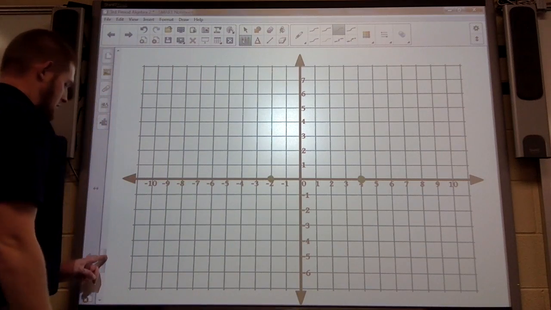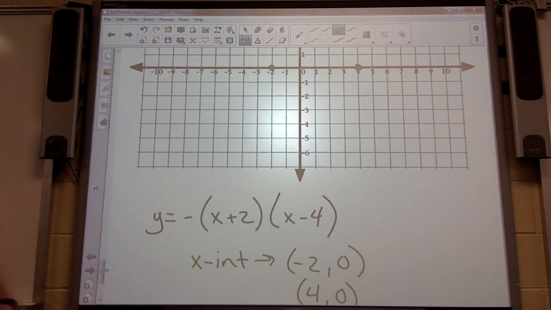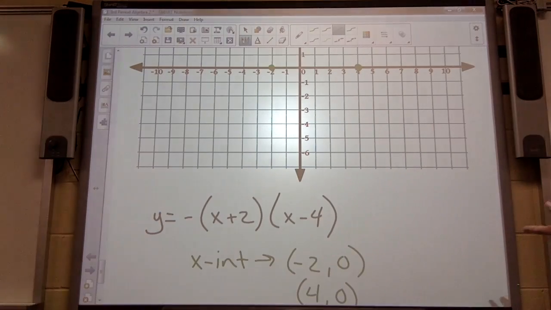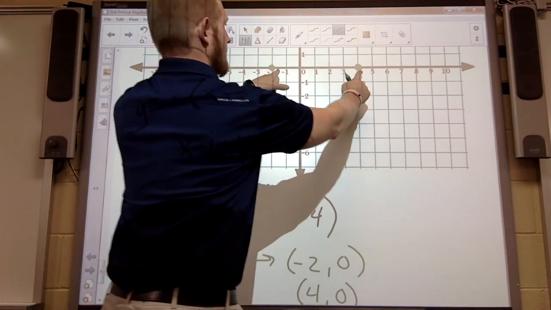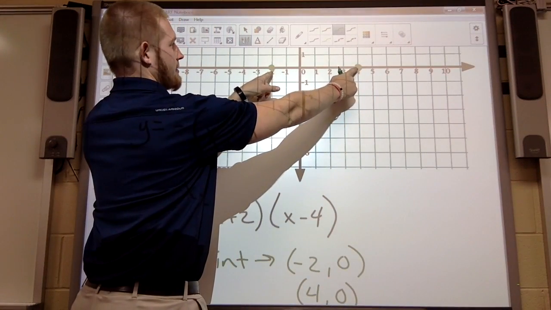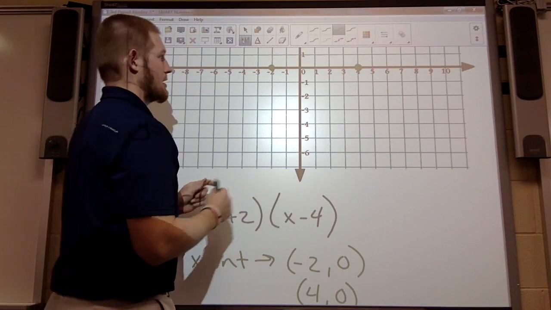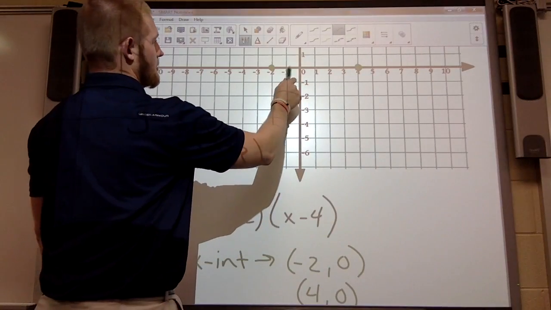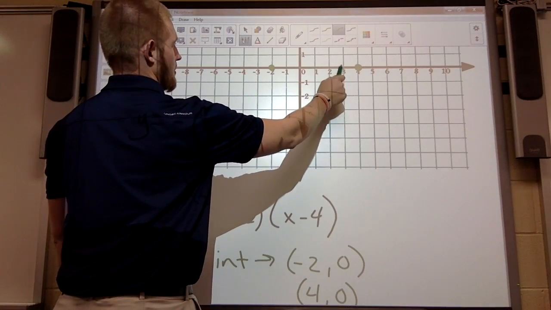Well, now what? Now it doesn't really give us any more rules, so we need to take a look at this. But looking at that graph, with these 2 points here, we can find the axis of symmetry. It's going to be right in between those 2 points. So 1, 2, 3, 1, 2, 3.